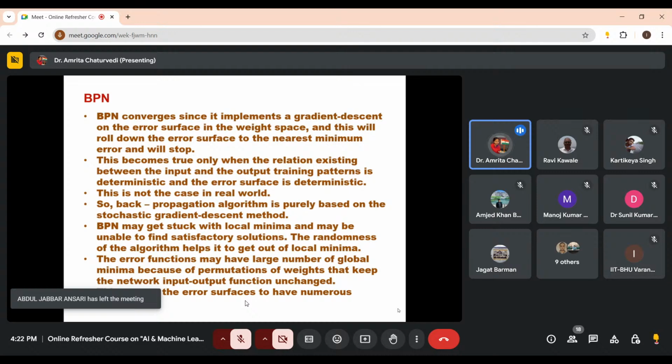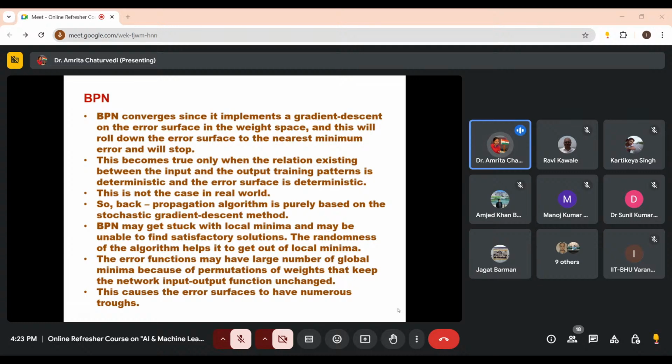This becomes true only when the relation existing between the input and the output training patterns is deterministic and the error surface is also deterministic. This is not the case generally in the real world. So the backpropagation algorithm is purely based on the stochastic gradient descent method. We will see what stochastic gradient descent is.